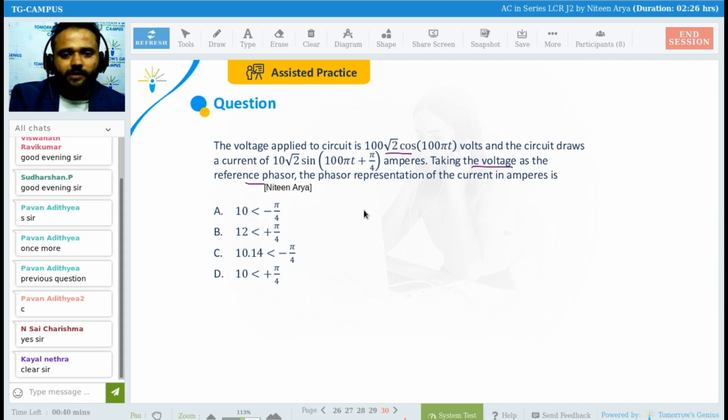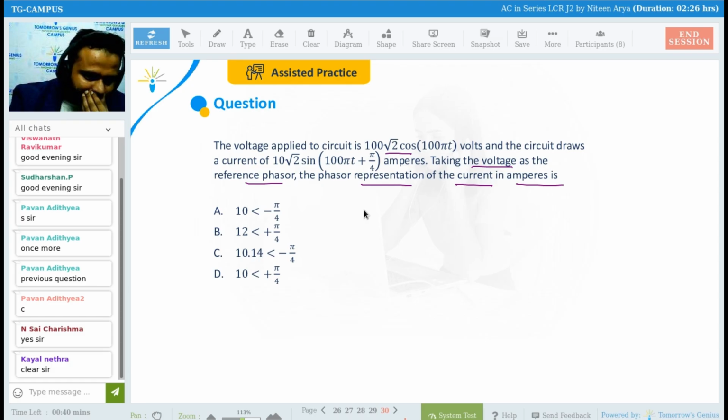Taking the voltage as the reference phasor, the phasor representation of the current in ampere is? Tell me which option is correct. You need to find the angle phi, and you need to draw the diagram also.